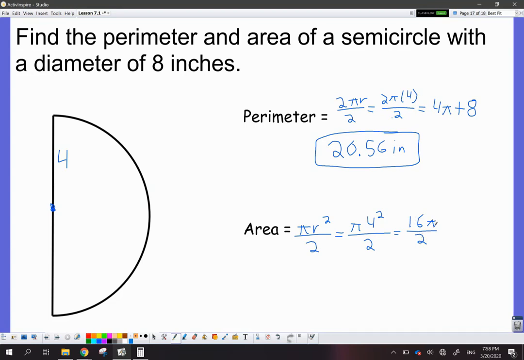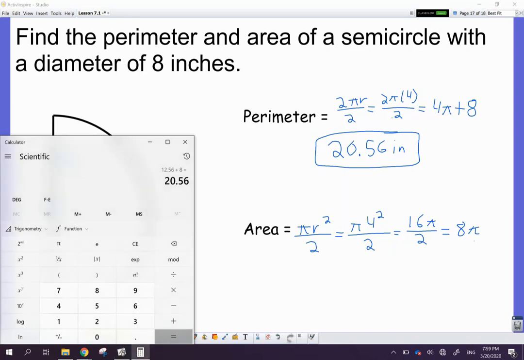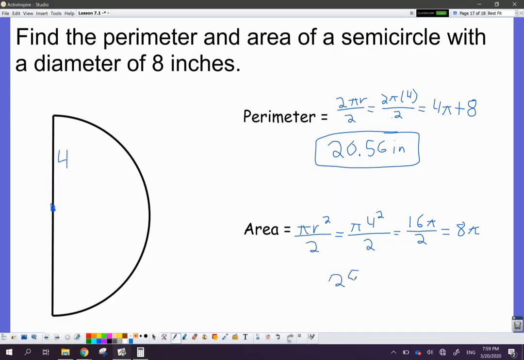Doesn't matter that the pi is there, I can leave the pi alone. But I can divide the numbers out, 16 divided by 2, to get 8 pi. Now again, this is my exact answer, but to find the decimal approximation, 8 times 3.14, which is 25.12. So approximately 25.12 is my area. My units were inches. So for area, it's inches squared.